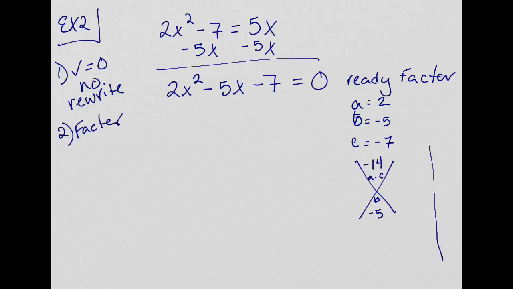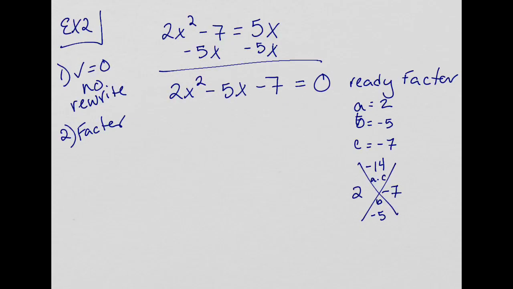I'm going to think about my factors of negative 14. I can do 1 times negative 14, or negative 2 times 7, or I can do the opposites, positive 1, positive 2 with a negative 14 and a negative 7. To get to negative 5, I need 2 and negative 7.